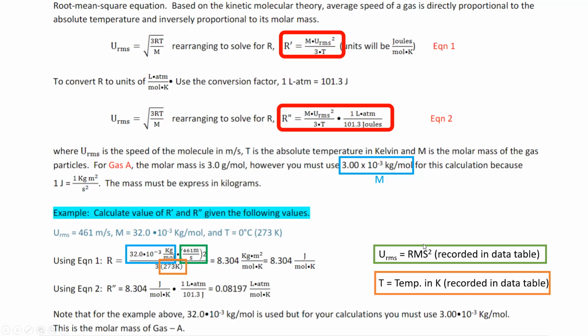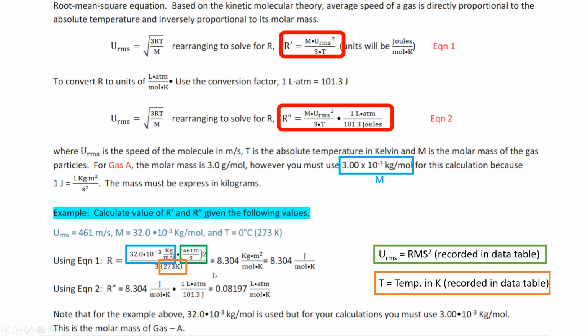And then we're going to divide by 3 times the temperature. Remember that the temperature must be in Kelvin, but luckily it was already recorded in Kelvin in your data table. So we're going to get the temperature from the data table and place it into this equation as well.